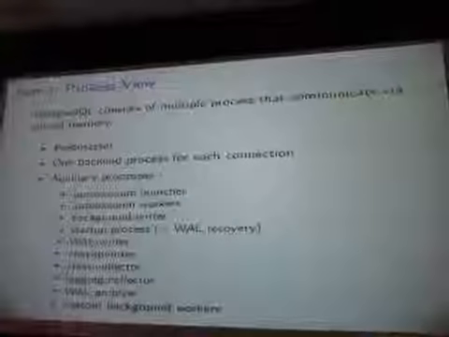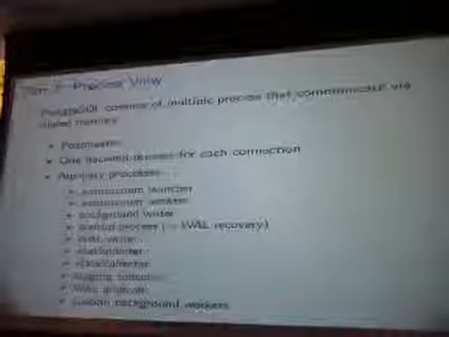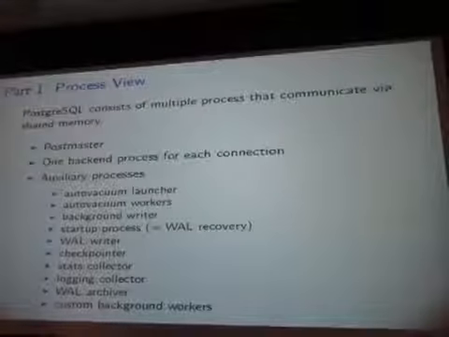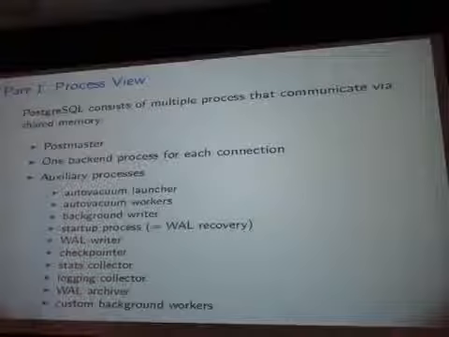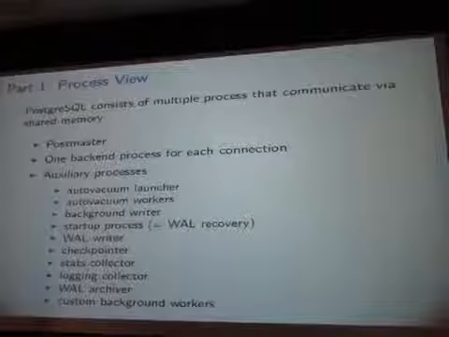Then we have a lot of auxiliary processes or additional processes that are not attached to any connection. We have all the stuff related to autovacuum. Whenever autovacuum runs, it launches a new process to handle that. Then we have a few things like the background writer. Well, there's a lot of stuff there. As a new feature in, I think it was 9.3, you can write your own background worker processes.